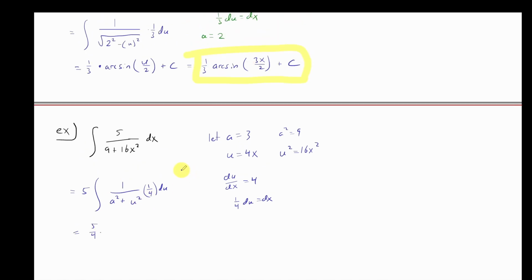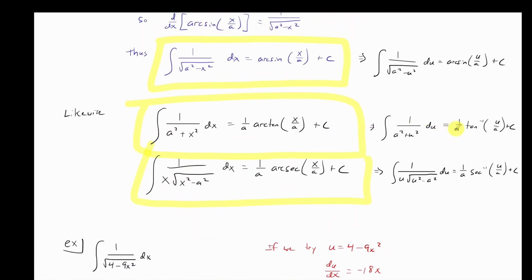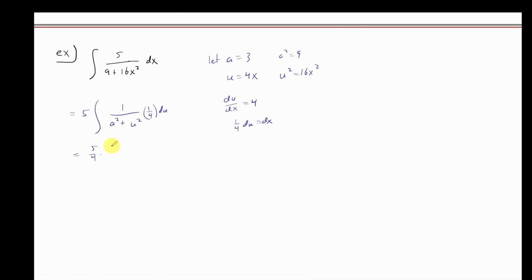So my formula says that's going to be 1 over a arctangent u over a plus c. Let's fill in what the a is. A is 3. The u is 4x. So we have 5/12 arctangent of 4x over 3 plus c.